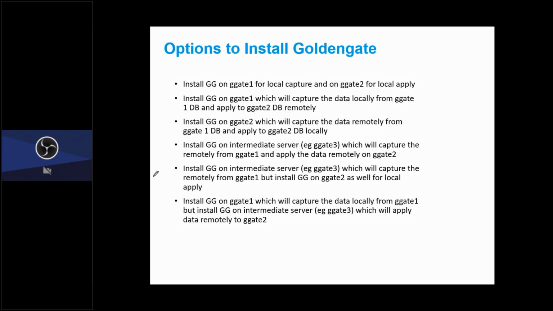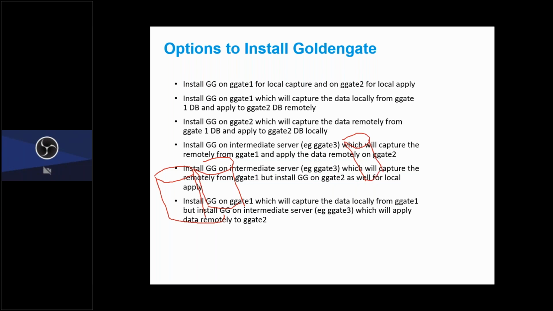So in this option, you can consider you have one database server. This is the database server. This is the Goldengate server. You have installed Goldengate over here, which will connect to the database, and then this is G-Gate2, where the database and Goldengate are both installed.